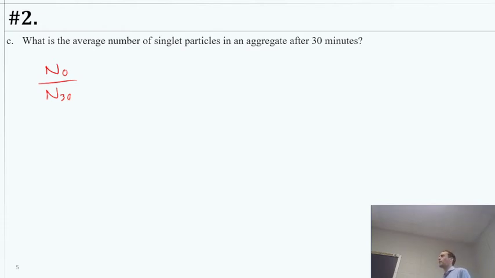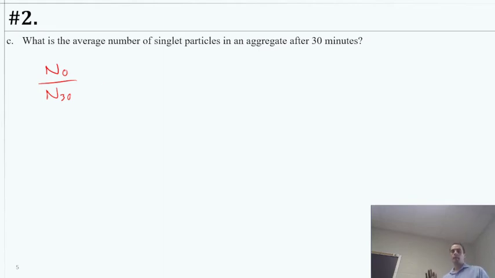So if you solve it based on taking a look at how many initial ones per final one, that's this ratio. That's what you needed to do. And even if you got some of the problem incorrect, you could have gotten a reasonable number.